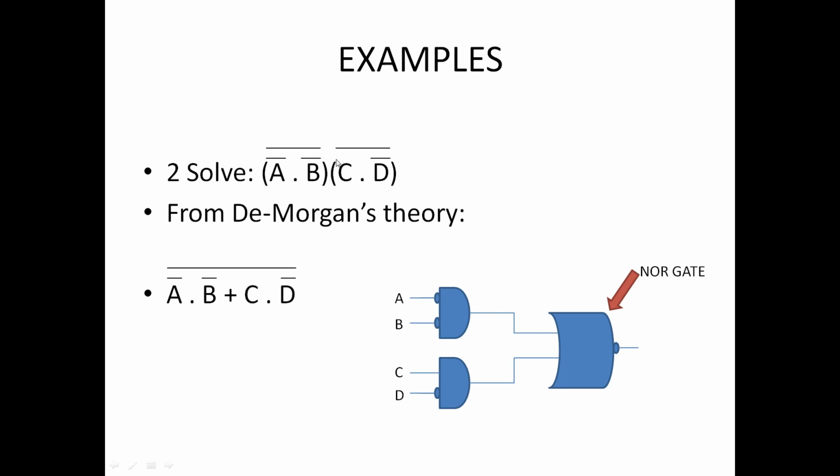Can you see that? All right. So we have not C and not D. The not covers both C and not D. So from De Morgan's theorem, this statement is equivalent to not A and not B, or C and not D.